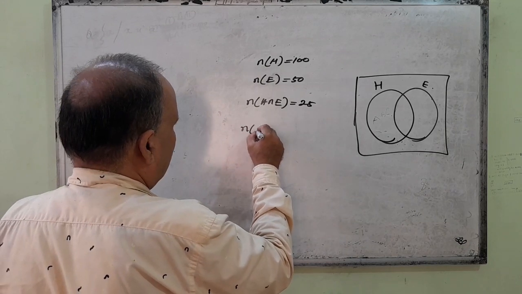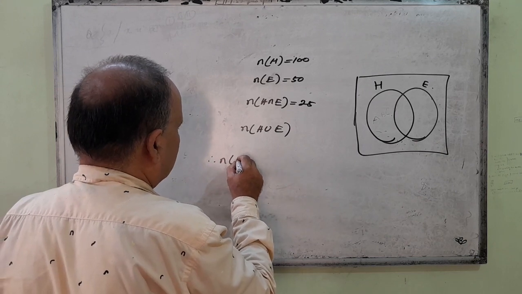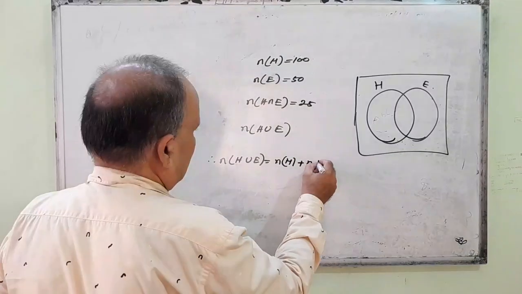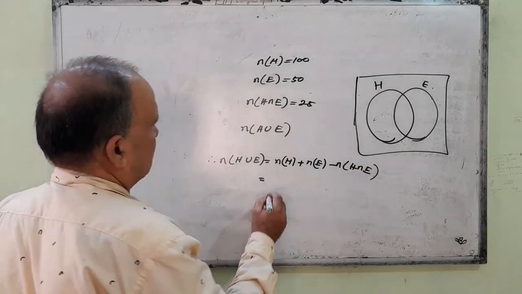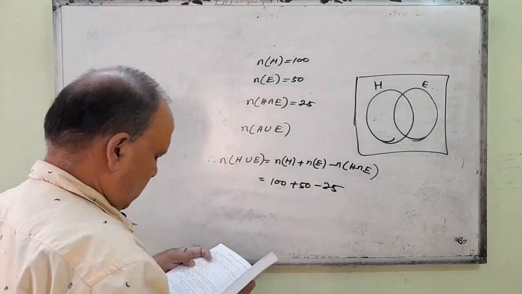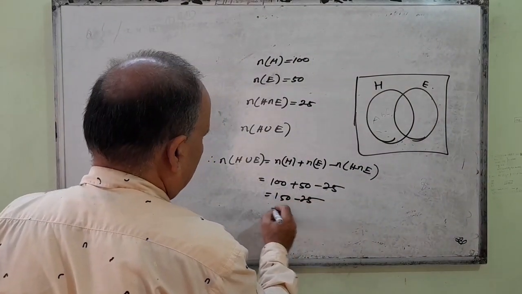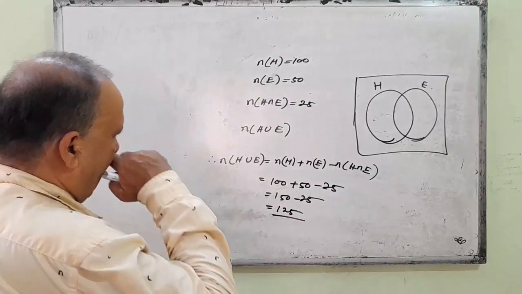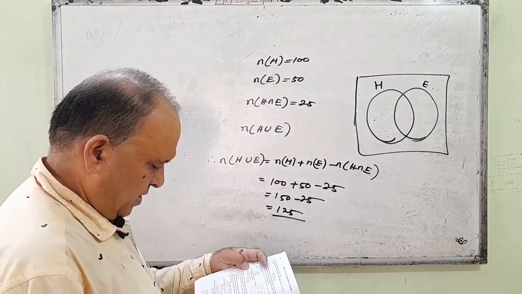We find order of H union E. So order of H union E is equal to order of H plus order of E minus order of H intersection E. This is your 100 plus 50 minus 25. So this is your 150 minus 25. This is your 125. These are the number of students who know either Hindi or English. So this question is very important.